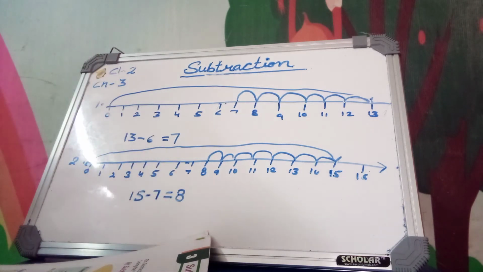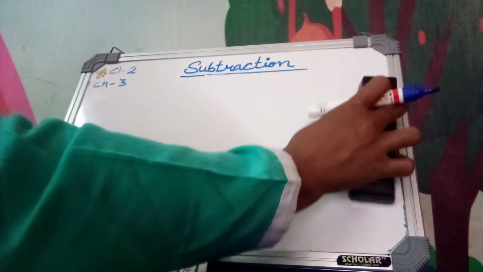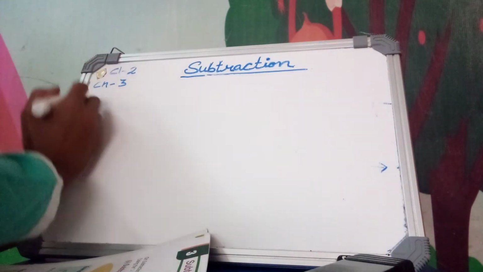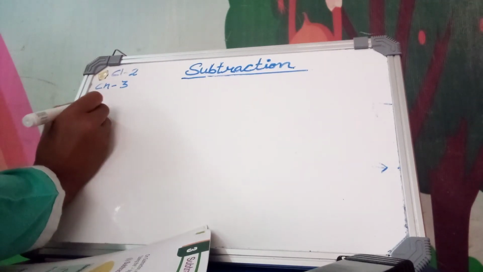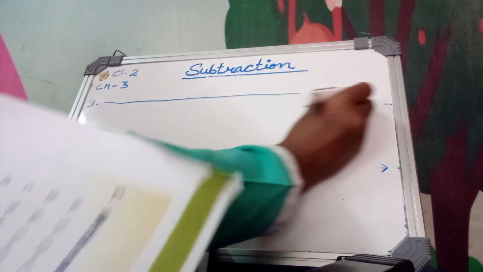Now see next, question number 3. From 18 we will take away 9. Firstly we have to draw a line. A straight line.